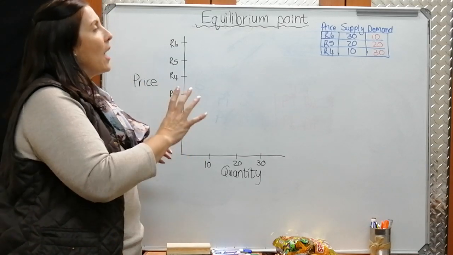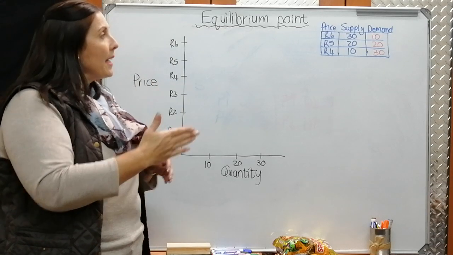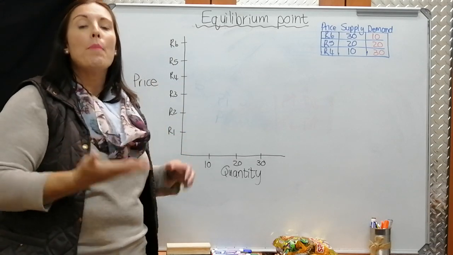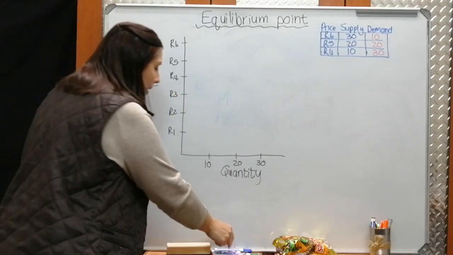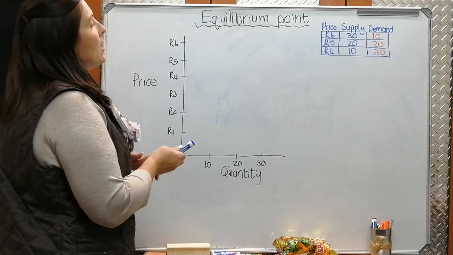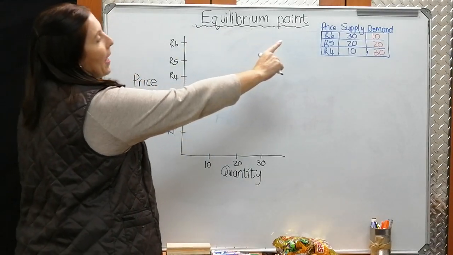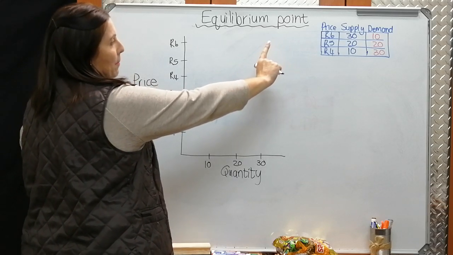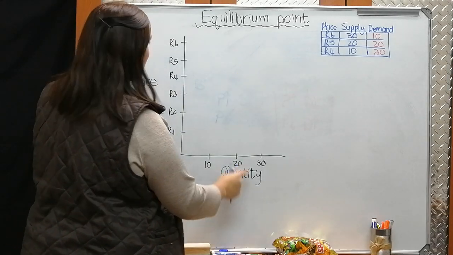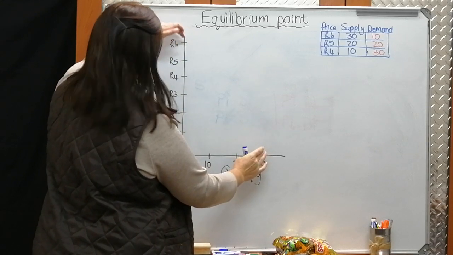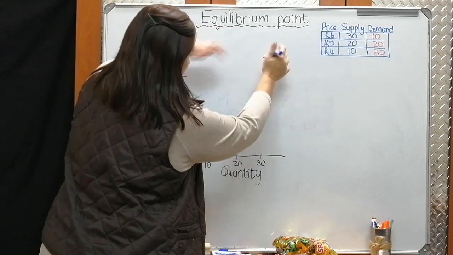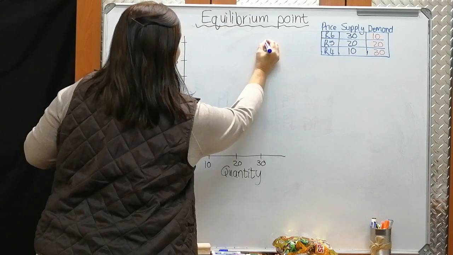Now, because we have two schedules, we will have to combine them on one graph. So let's start with the supply curve. At 6 Rand, the supplier was prepared to supply 30 packets of chips. So once again, you get your two values, and where they meet, you draw a little dot.